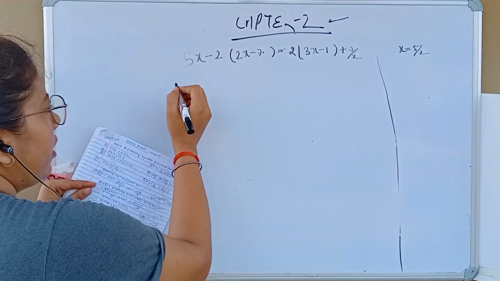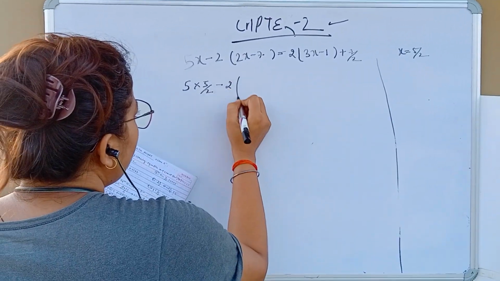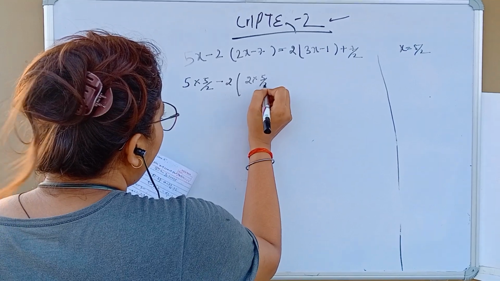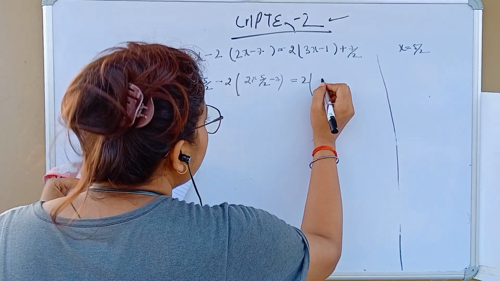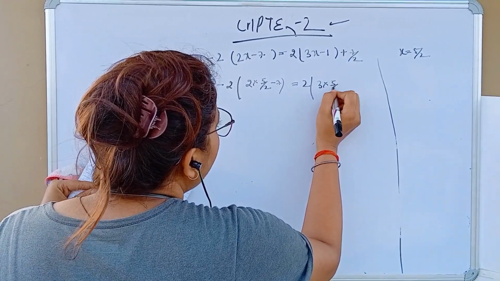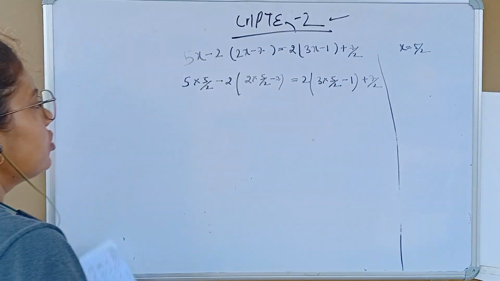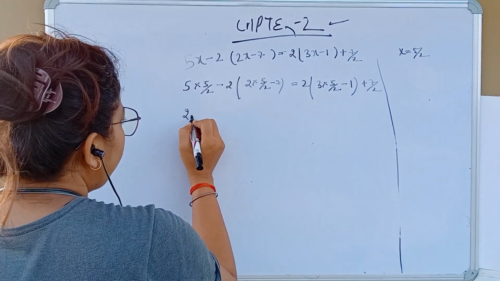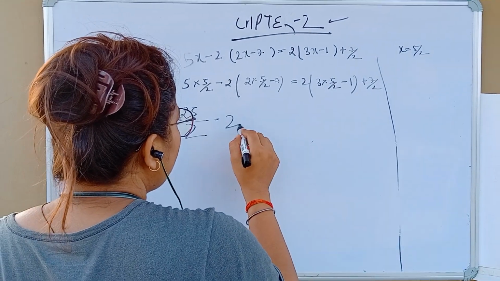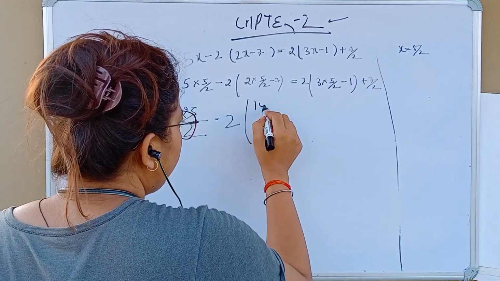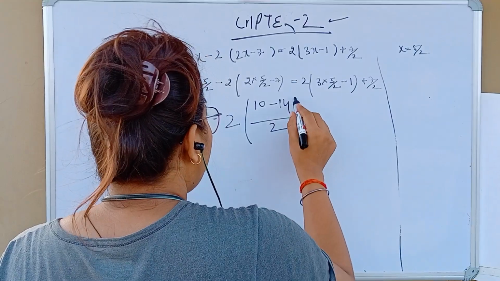So putting here 5 into 5 by 2 minus 2 into 5 by 2 minus 7 is equals to 2, where is x, put x is equals to 5 by 2, 3 into 5 by 2 minus 1 plus 7 by 2. Okay. So what we do? 5 fives are 25. 25 divided by 2 minus 2. 2 fives are 10. 10 minus 14 divided by 2.